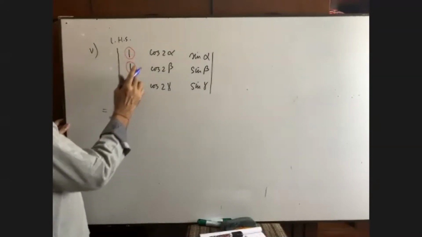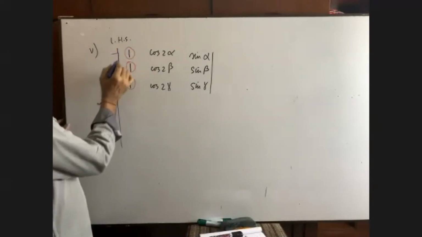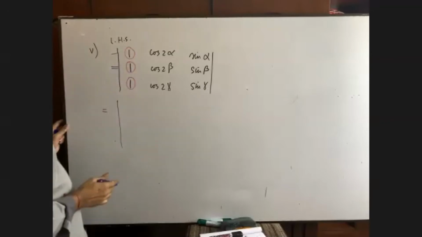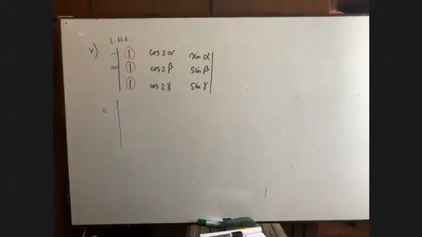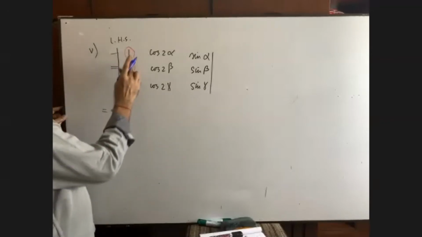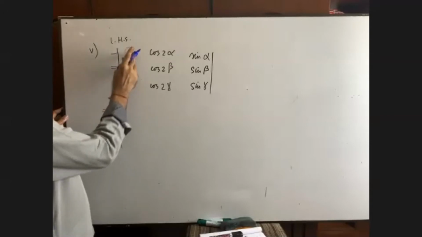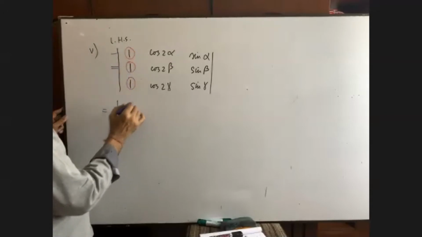1 and 1 is the first row, this is the second row. So we are going to subtract from row to row. What are you getting? 1 minus 1, first row minus second row, is 0.